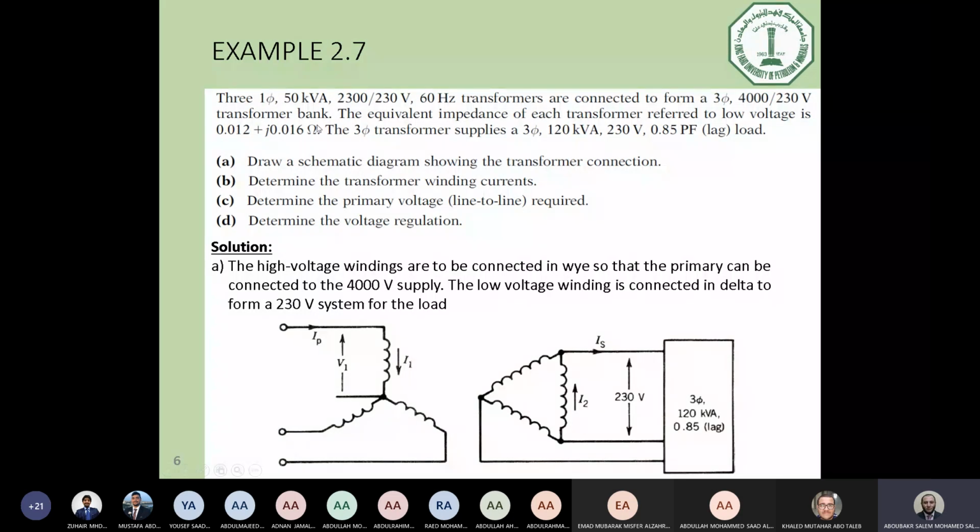So this is now the Z equivalent referred to the secondary or low voltage side. The 3-phase transformer supplies a 3-phase load of 120 kVA, 230 volt, 0.85 power factor lagging. What is needed here? First, draw a schematic diagram showing the transformer connection.